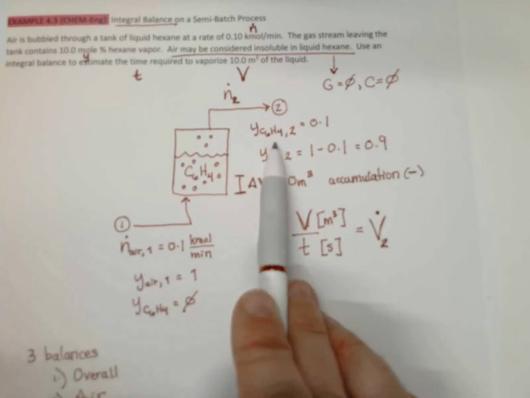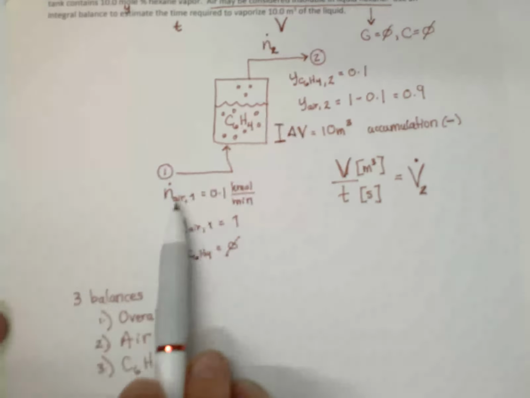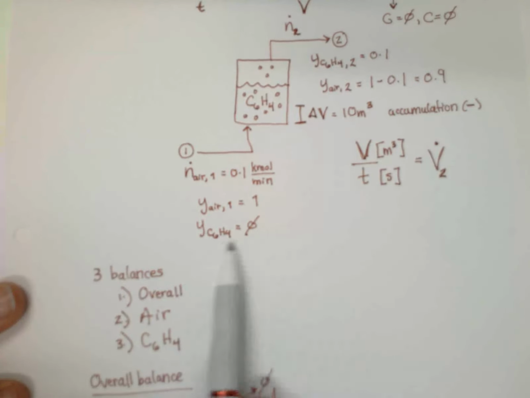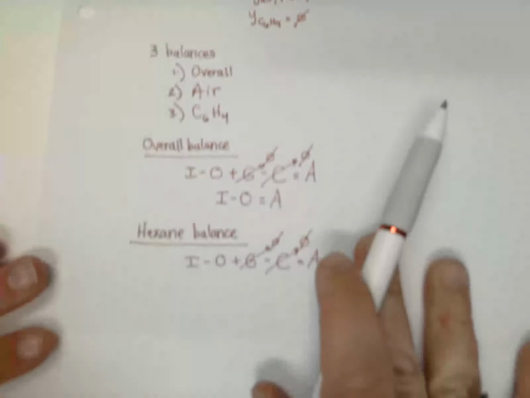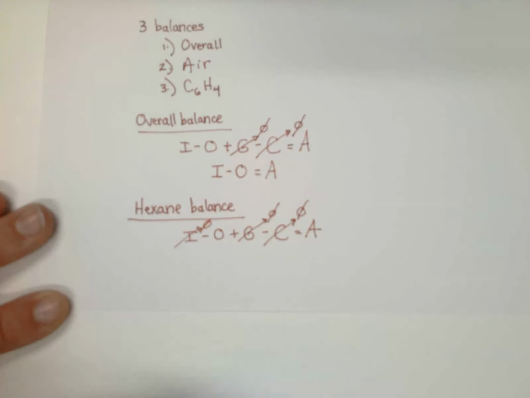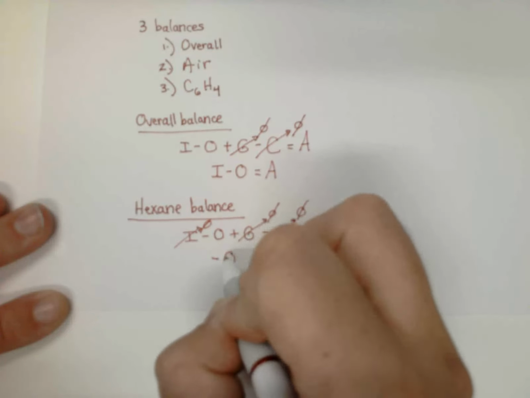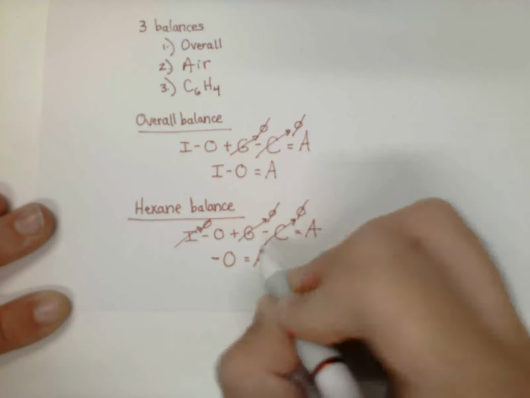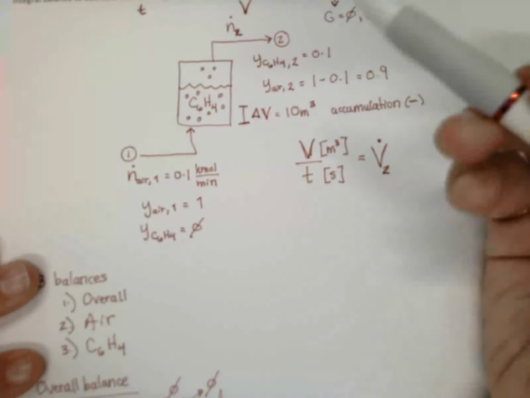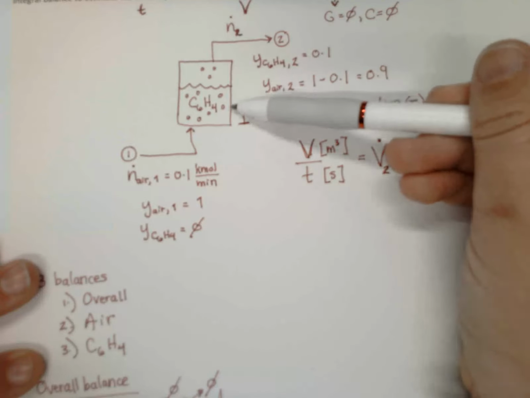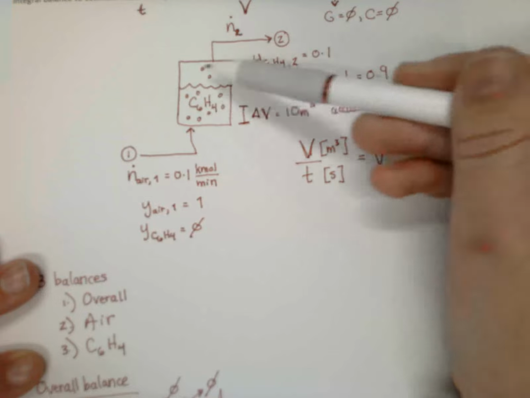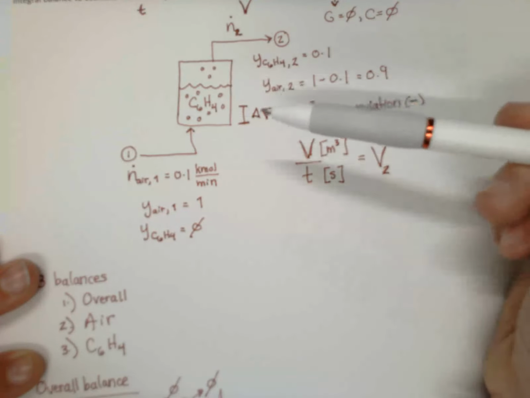We know that it's 10% hexane vapor. But is there hexane in the input? Well, no, there's not, because it's just air. So we know there's actually no hexane in the input. So check it out, that can actually go to 0. And so what we find for hexane is that the negative output is going to be equal to the accumulation. So we know accumulation must be negative, which makes sense if you think about it, because if we go up here, we're losing hexane in this system. Whatever's leaving the output is what we're losing inside here, which makes sense because you can't create or destroy hexane.